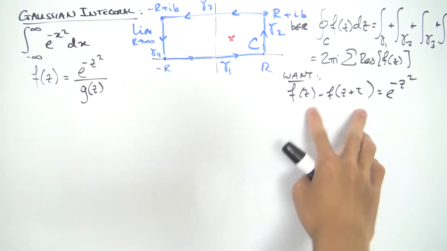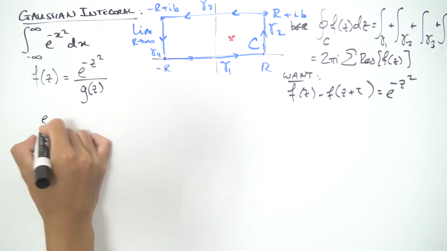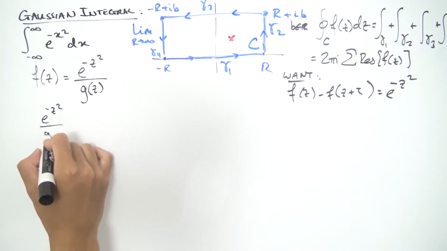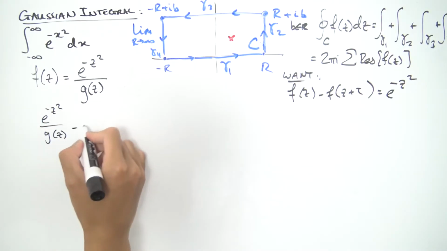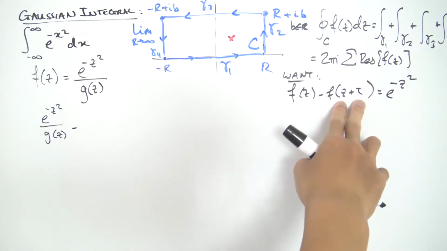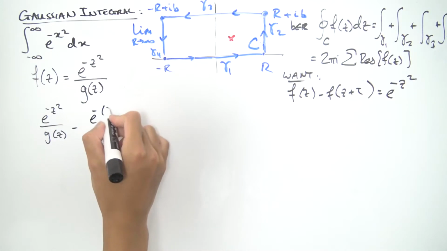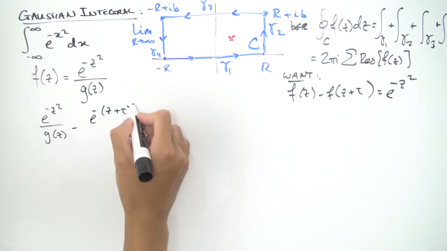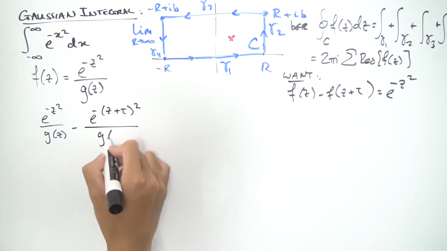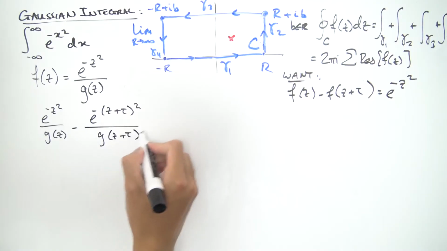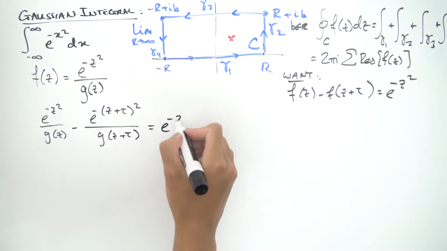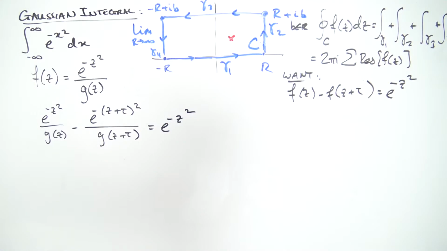So from what we have over here, f of z, well, that's e to the minus z squared over g of z. And then we have f of z plus tau. Well, let's just plug z plus tau into what we have over here. That's e to the minus z plus tau squared over g of z plus tau, like so. And we want this to be equal to e to the minus z squared.